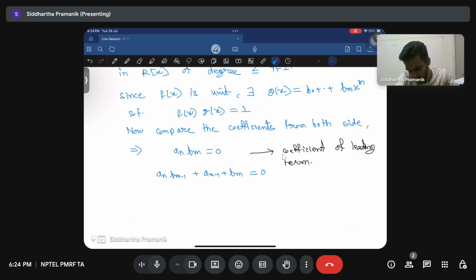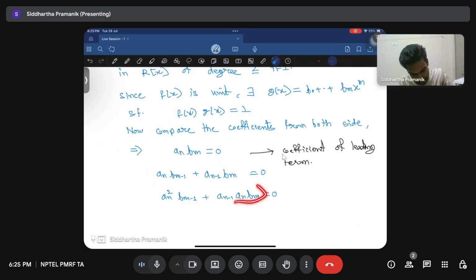That is what we are writing. Now in this equation, if we multiply by an, what we get is an square bm minus 1 plus an minus 1 an bm equals 0.